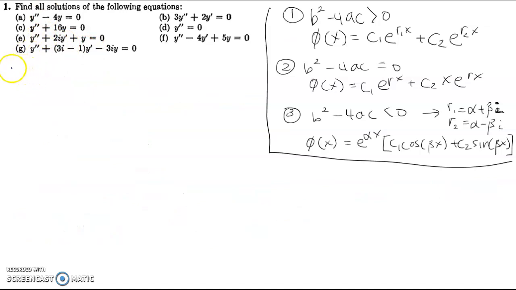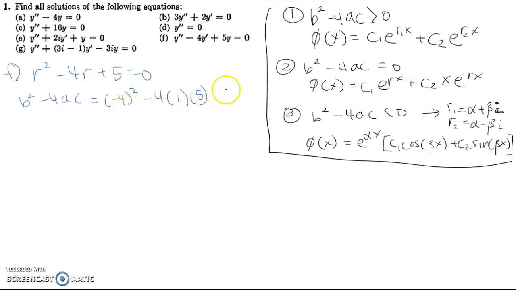Okay, and let's go ahead and go to f. All right, f, we can write this as r squared minus 4r plus 5 equals 0. If I quickly calculate b squared minus 4ac, that's going to be negative 4 squared minus 4 times 1 times 5. That's 16 minus 20, so we know that that's going to be a negative number. So we can again expect the third category.